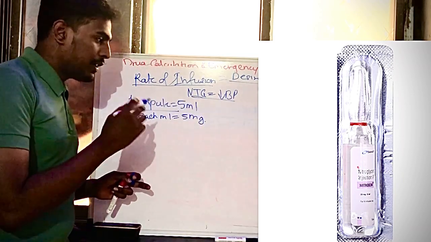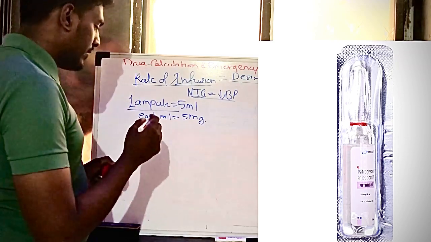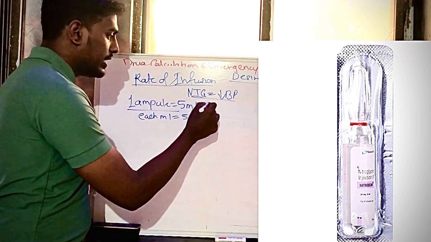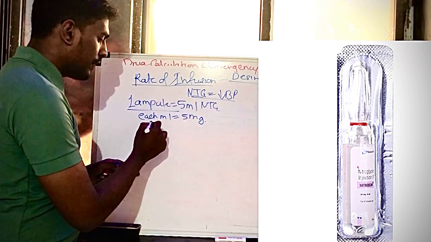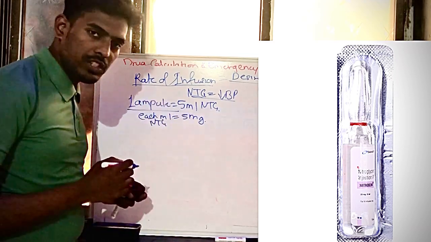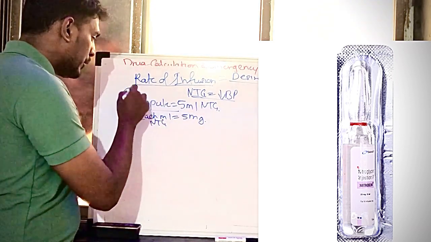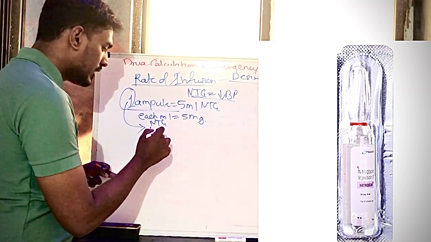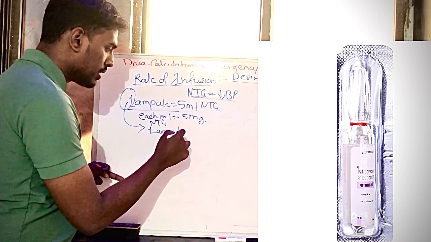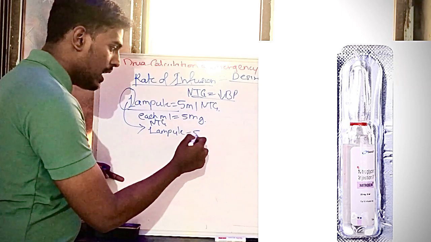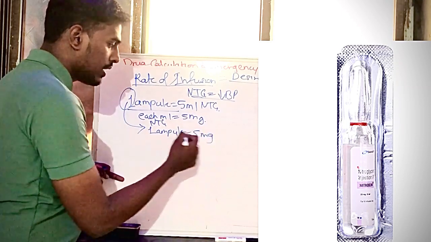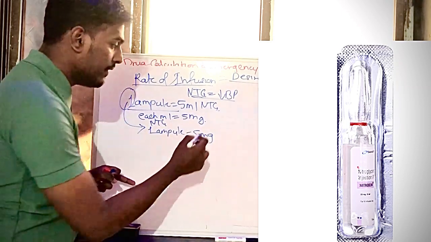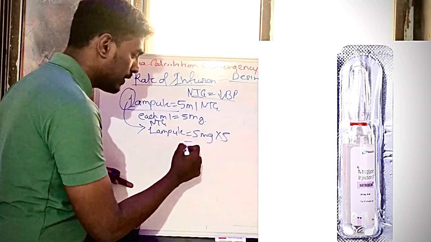So 1 ampule of nitroglycerin contains 5 ml of drug, 5 ml of NTG, and each ml of NTG contains 5 mg. So how much will 1 ampule contain? 5 mg each ml, and each ampule contains 5 ml. 5 into 5 is equal to 25 mg.